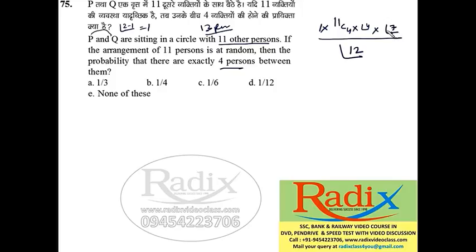Now we can use the concept of circular arrangement only once. We can't use it again and again, because for these 7 persons we can assume any person as a starting point.